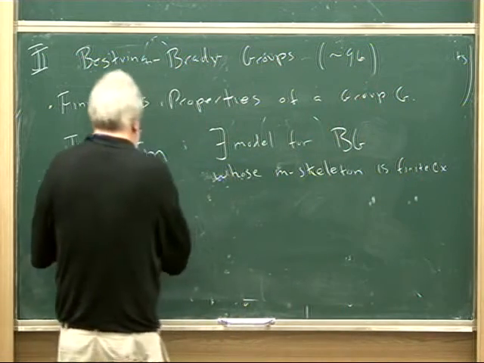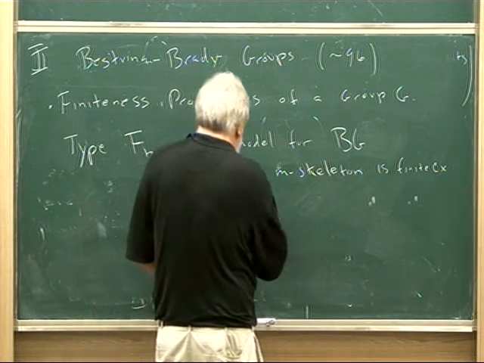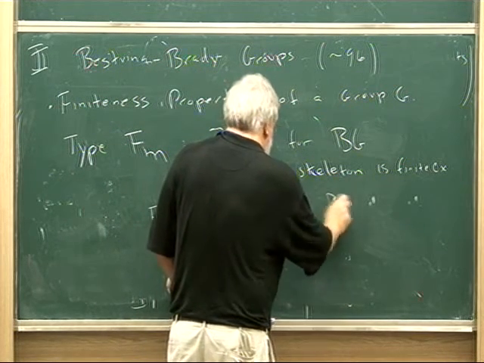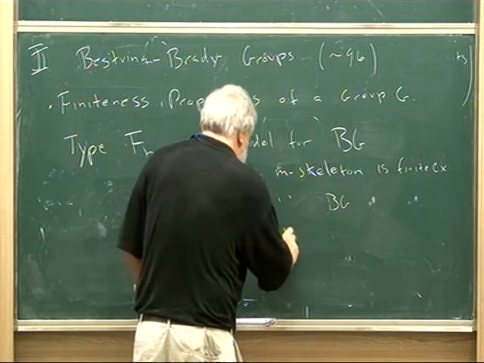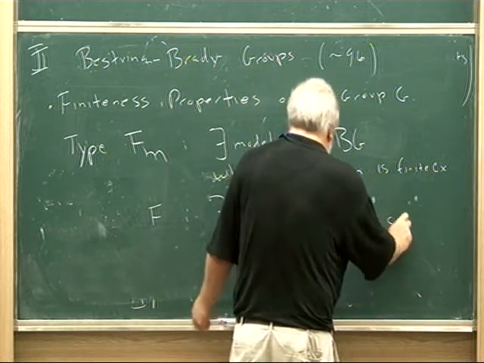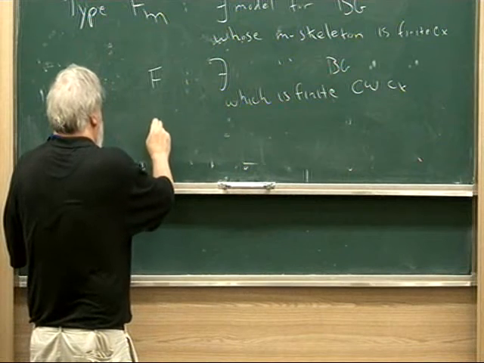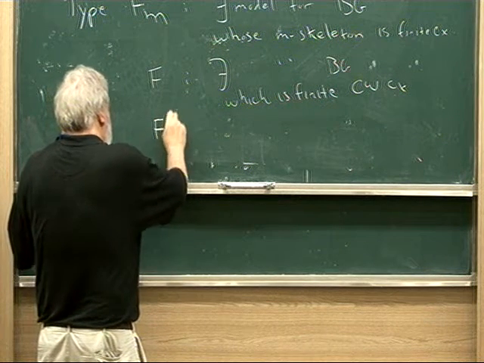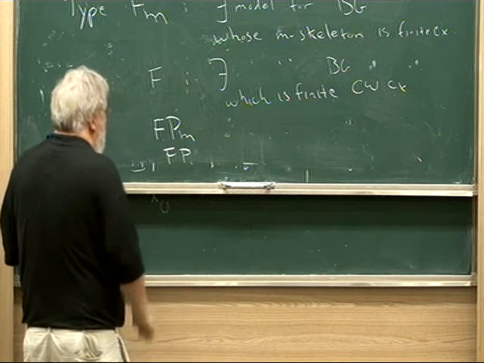And type F just means, the thing we're usually interested in, there's a model for BG which is a finite CW complex. And then there are algebraic versions of this, which we usually call, say, FPm or FP.